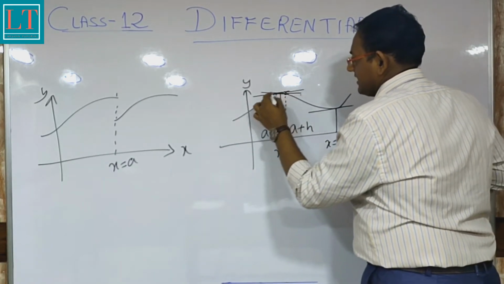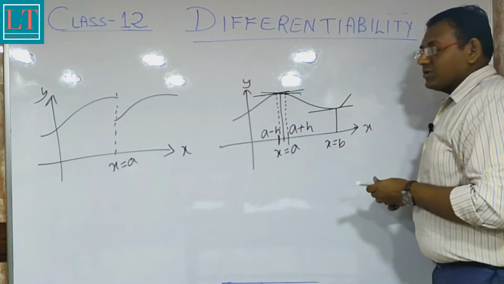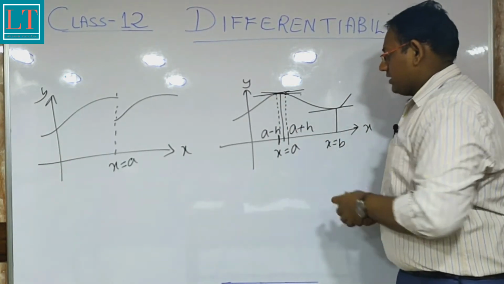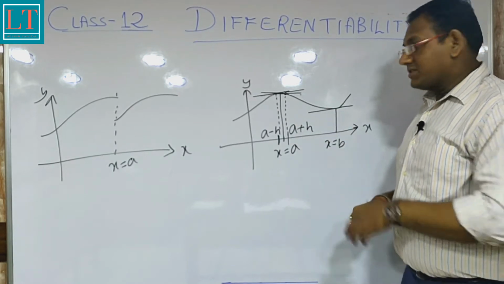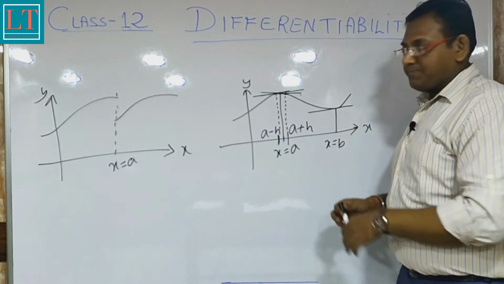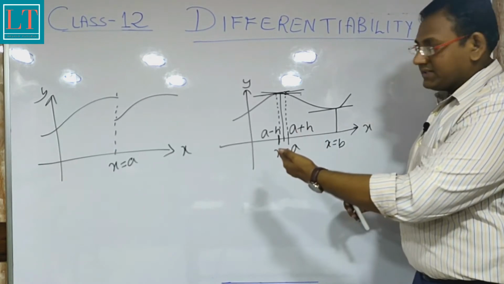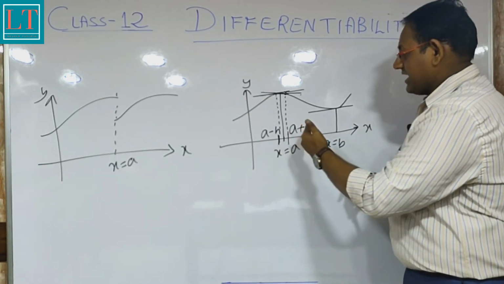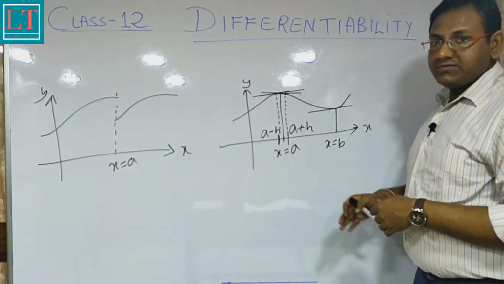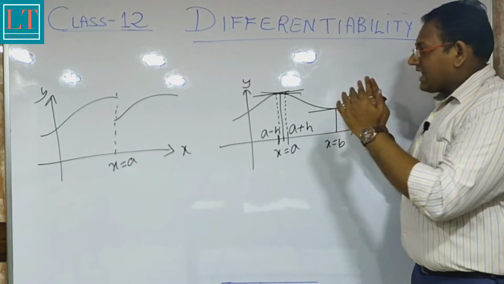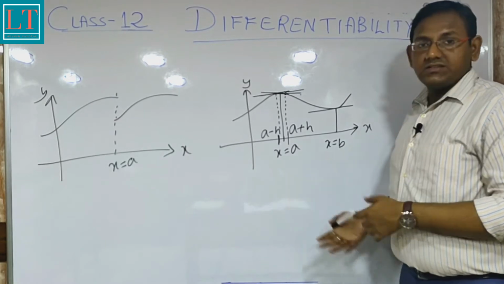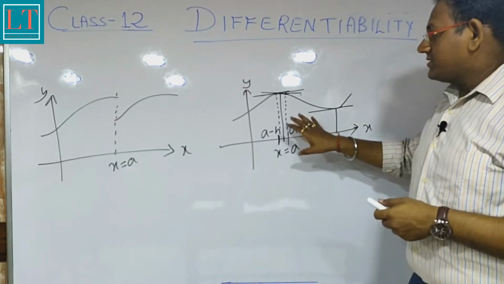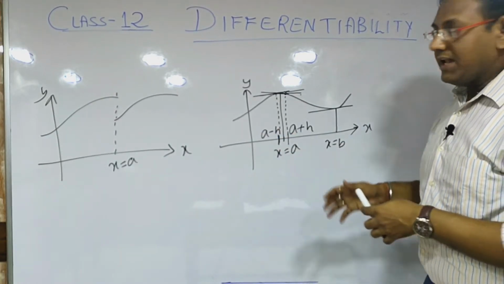If we draw the tangents like this and both the tangents are not equal, we will say that the point is not differentiable. This is the basic meaning of differentiability. We consider a point A minus h and a point A plus h, and at those two points we draw the tangent. If the tangents are not equal, we say it is not differentiable. This is the basic concept that we are discussing with the help of the graph.